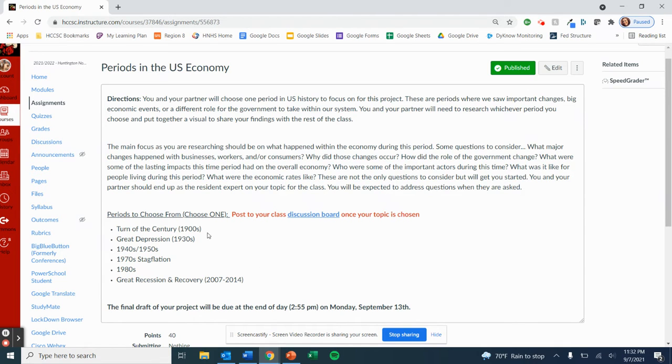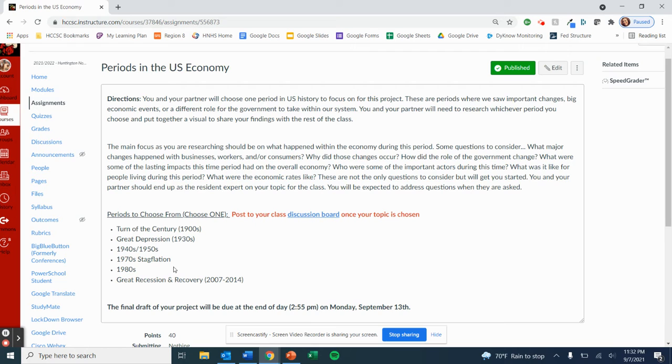We have the turn of the century, so this would be like the early 1900s, late 1800s, especially in big cities, but a lot of changes were happening during that time in the economy. We have the Great Depression, so late 1920s, 1930s. We have the 1940s and 50s, so this is mostly focused on World War II and post World War II.